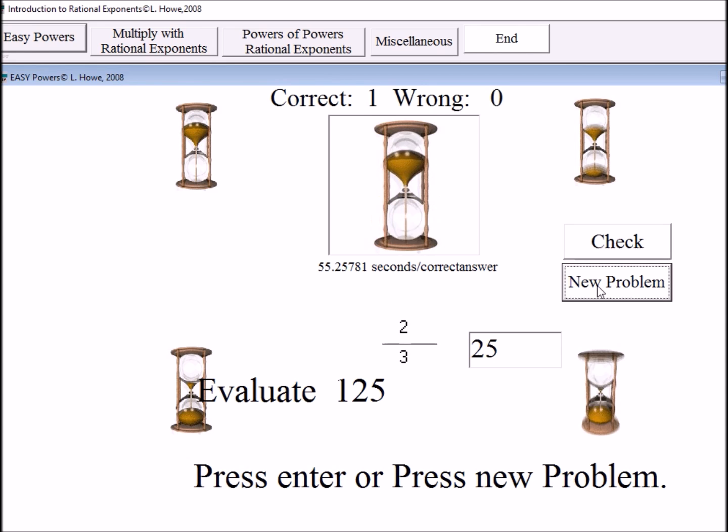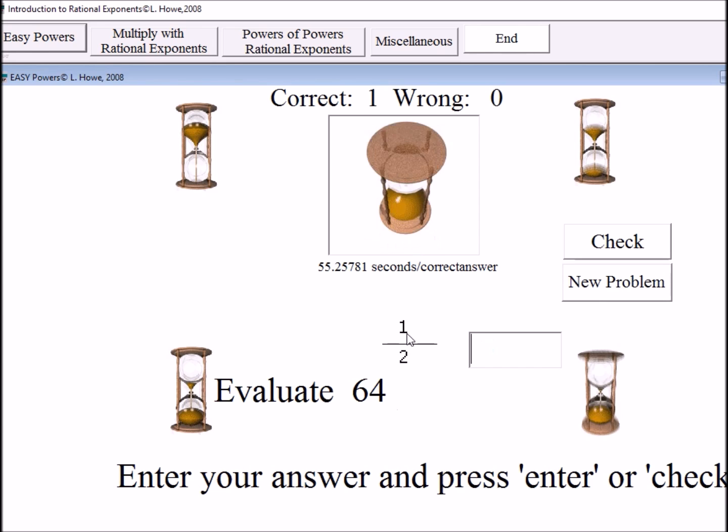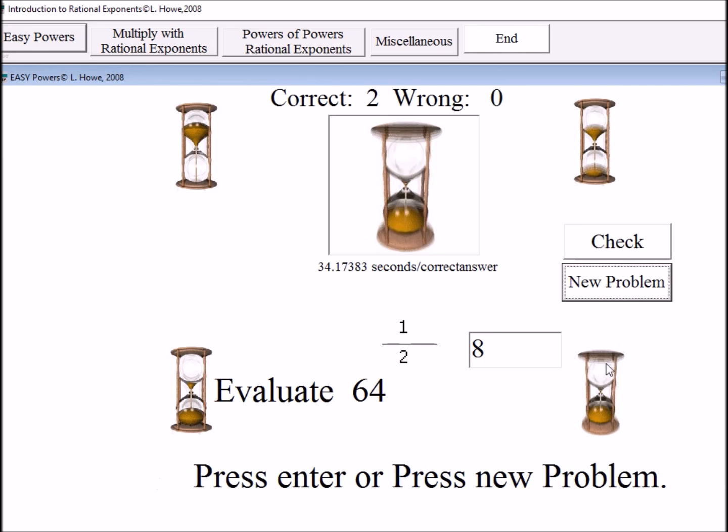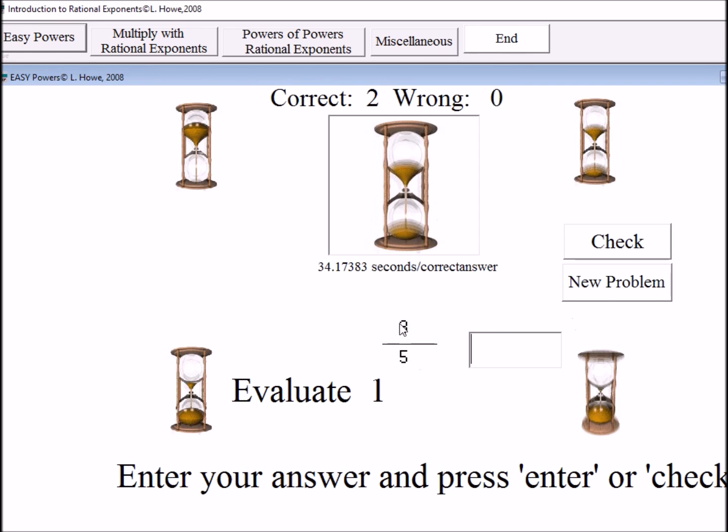We win. New problem. This is 64 to the 1/2 power. This is the same as the square root of 64, the positive root, which would be 8. Check. We win. Oh, this is easy. The 5th root of 1 is 1. 1 cubed is 1.